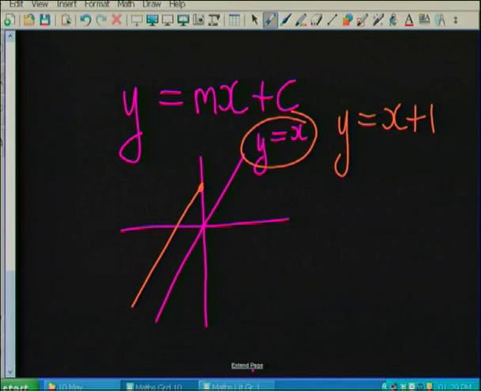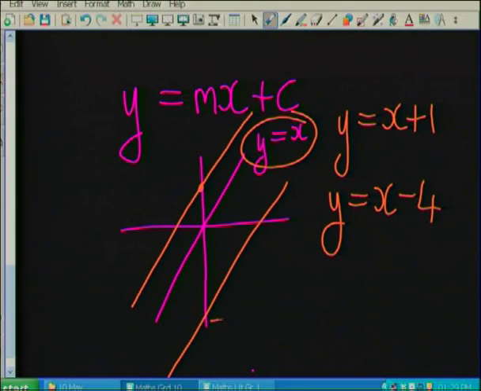What that means is my basic graph y is equal to x has been shifted 1 unit up, so that now its y-intercept is 1. If I then say sketch for me y is equal to x minus 4, for example, it means that my basic graph y is equal to x has been shifted down by 4 units.